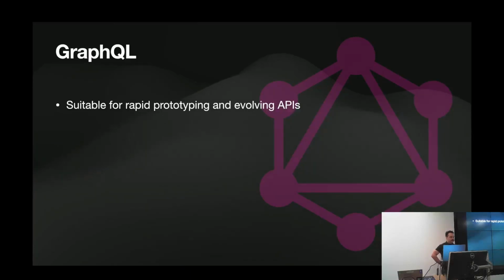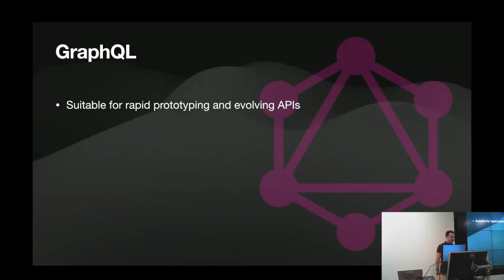And one of the common patterns to do that is with versioning. So what you'll commonly end up with is when you introduce breaking changes to your REST APIs, you end up having to go, okay, we've got API v1.0, API 1.5, API 2.0.